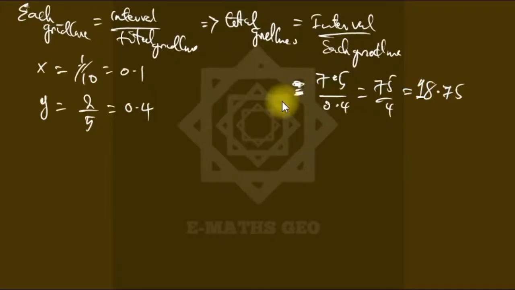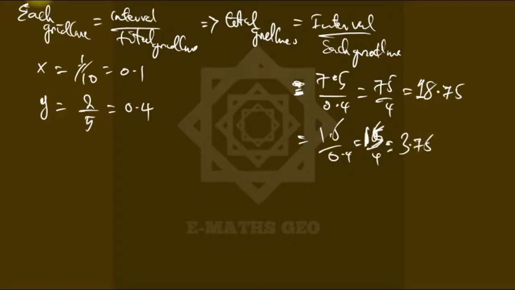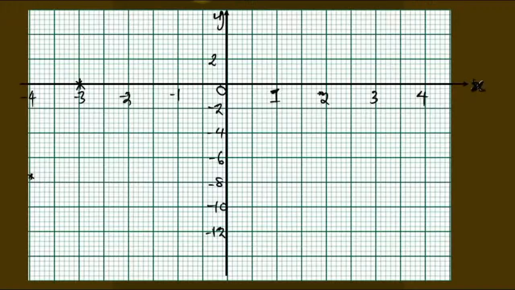So in the same way, 1.5 over 0.4 is 15 over 4, which is 3.75, so about 3.8. So we'll count when x is minus 2, what is y?